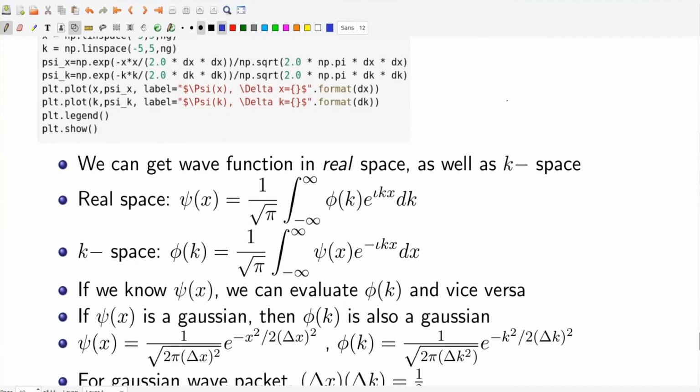We can plot the wave packet in real space and k space. We know that energy of a particle is a function of two variables, position and momentum. Real space is related to the position variable. Similarly, k space is related to the momentum variable.